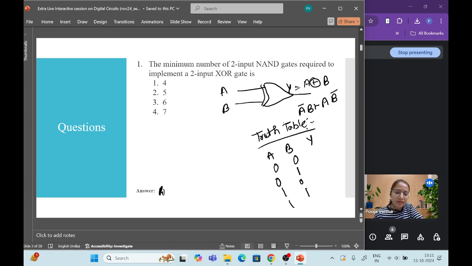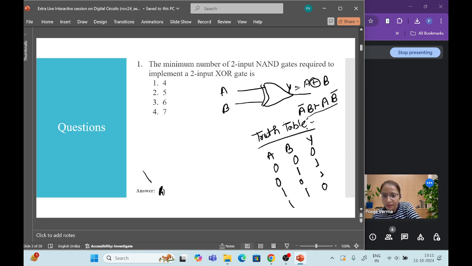We have already studied the XOR gate: when the inputs are the same, it produces output 0, otherwise it will be 1 if the inputs are different. So this is the truth table for an XOR gate. Now we have to implement this function, right? So how many NAND gates do we require?